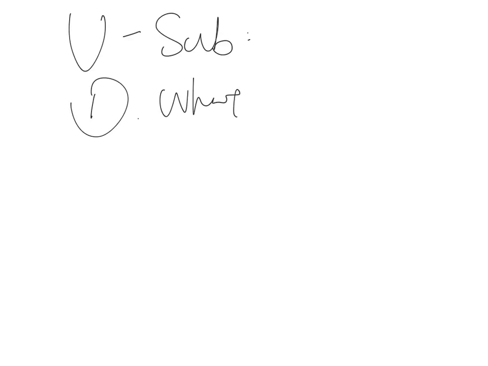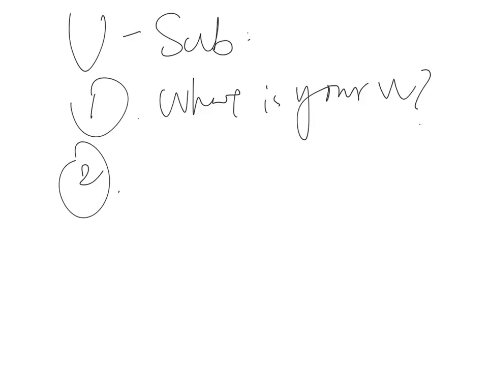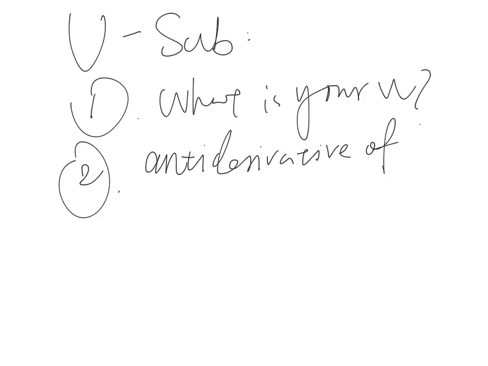So let's look at u-sub real quick. It is very important for you to know what your u is in the problem. Second, you need to know the antiderivative of basic functions.